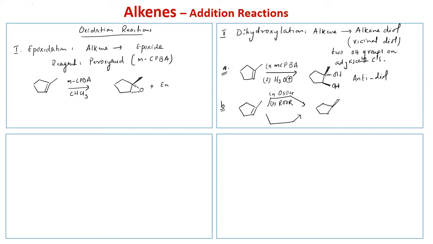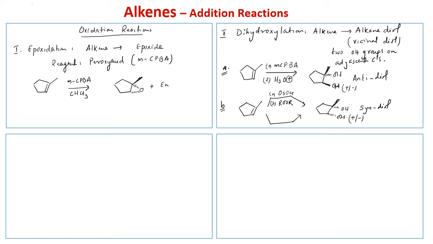One possibility, and the product here is going to be a syn diol. Both hydroxyl groups are pointing in the same direction. So you will get this plus its enantiomer. We can write plus minus for both of these to say that you get a racemic mixture here.